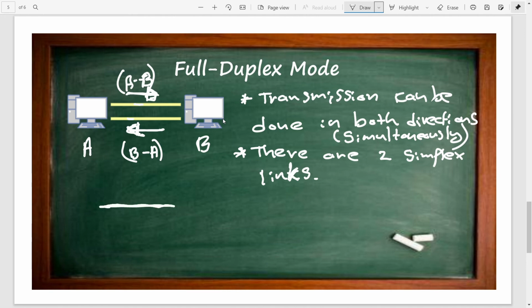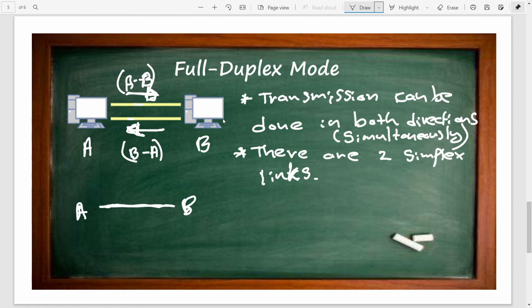and we require full-duplex mode communication, if we have a single path and require full-duplex communication, in that kind of situation we need some kind of multiplexing. We will discuss multiplexing in further tutorials.